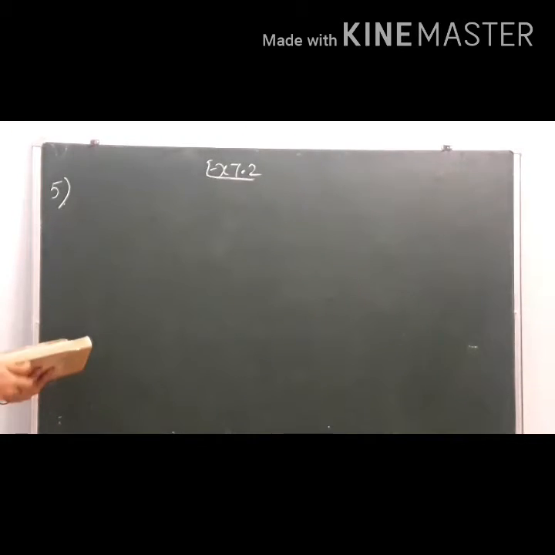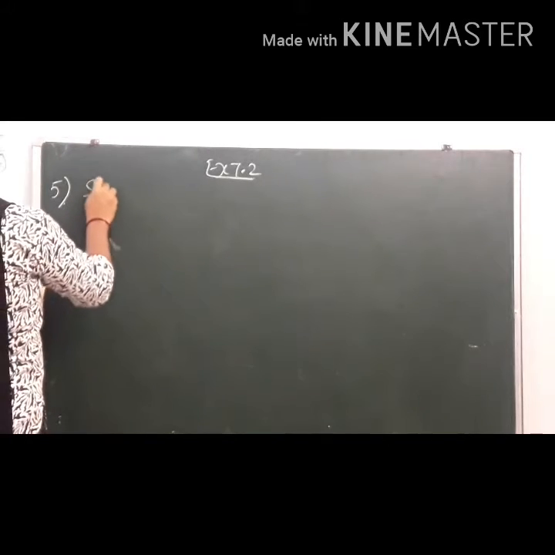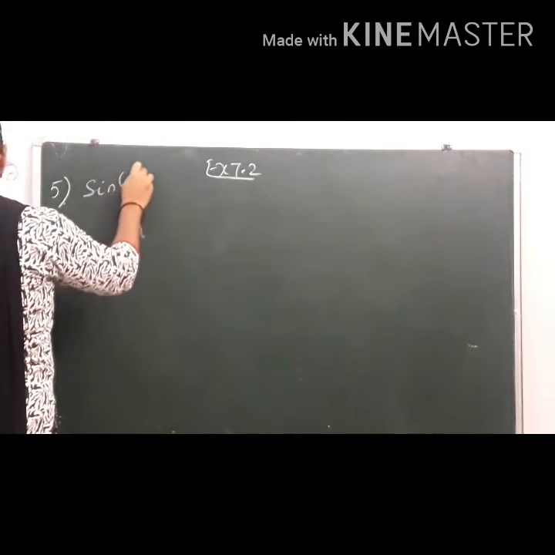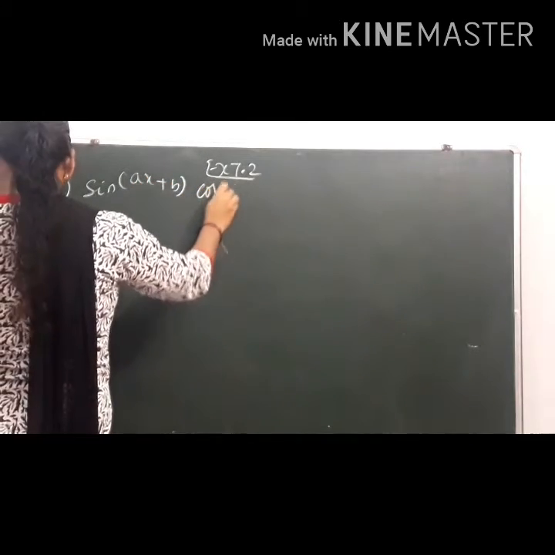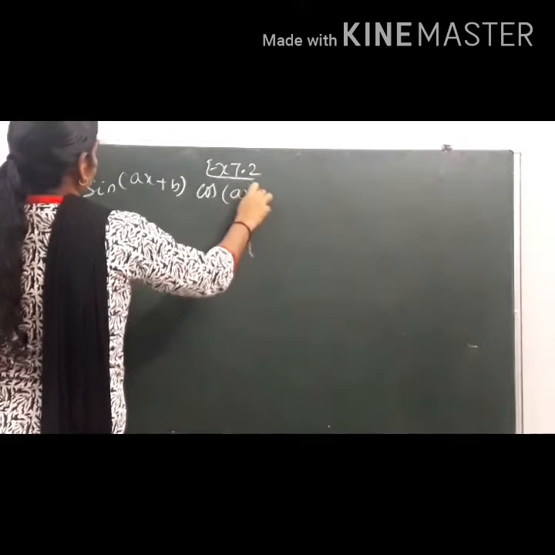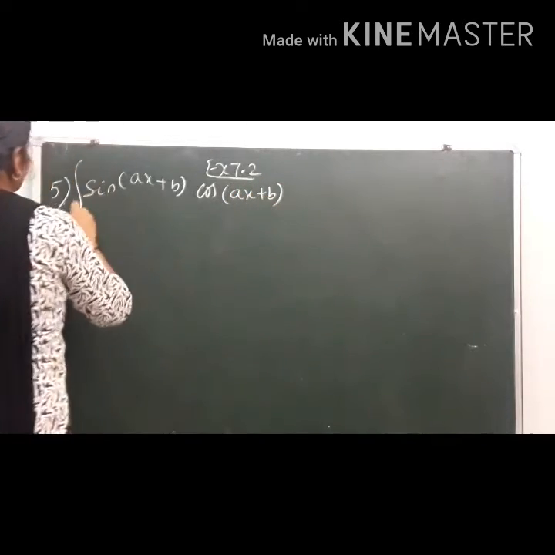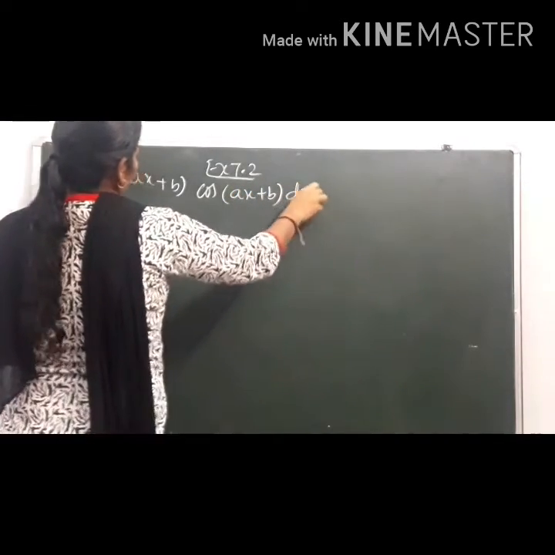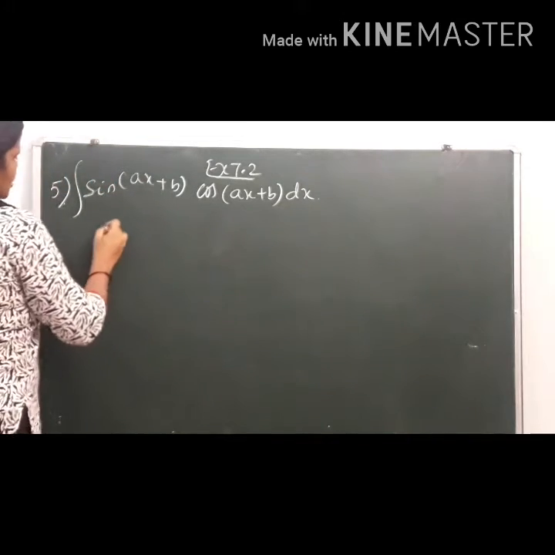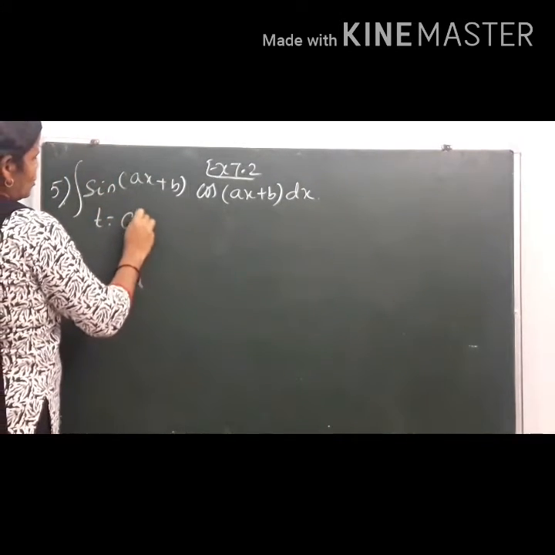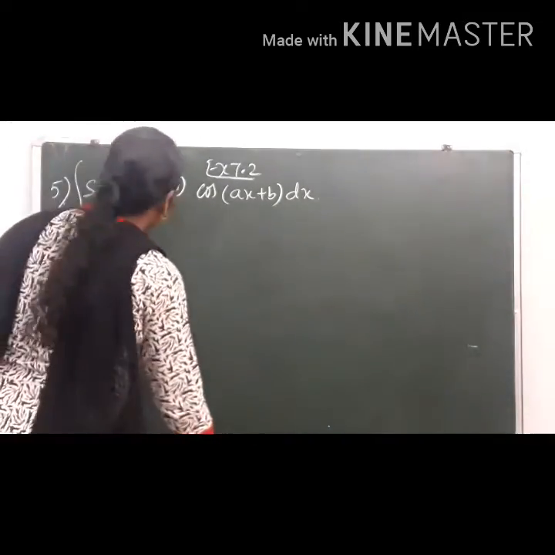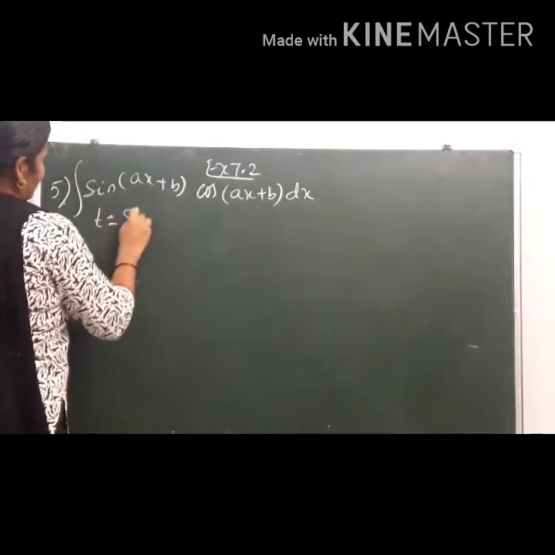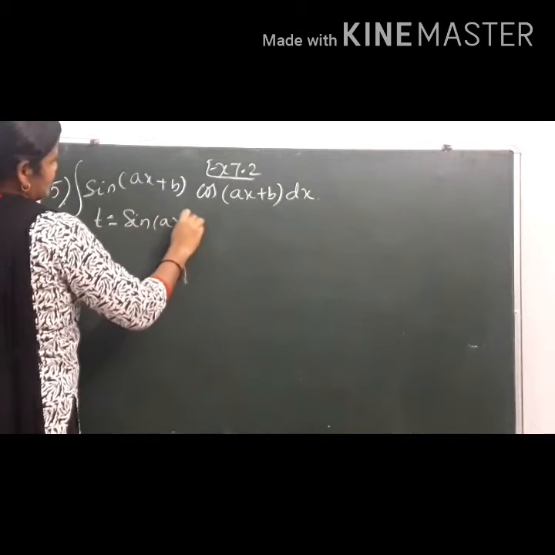So exercise 7.2 question number 5. What is given? Sin of ax plus b into cos of ax plus b. We have to find this integration dx. Let us put t is equal to sin of ax plus b.